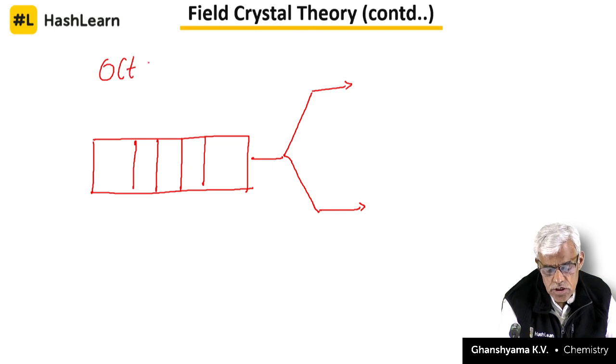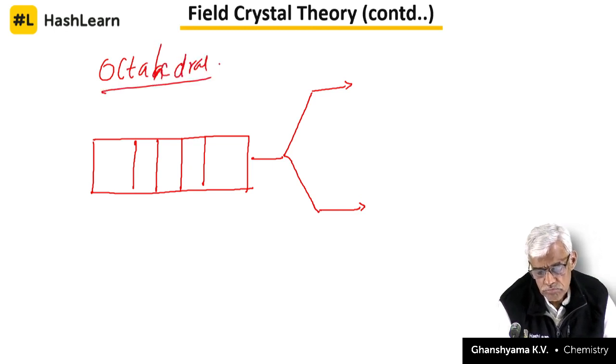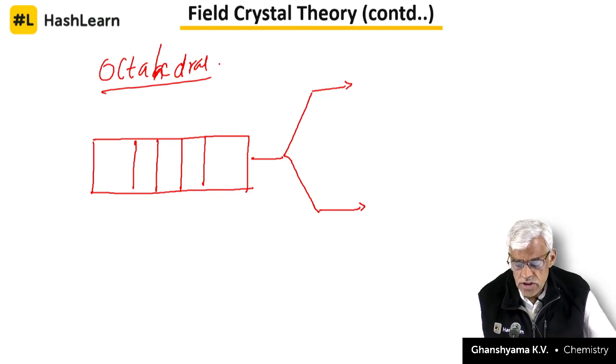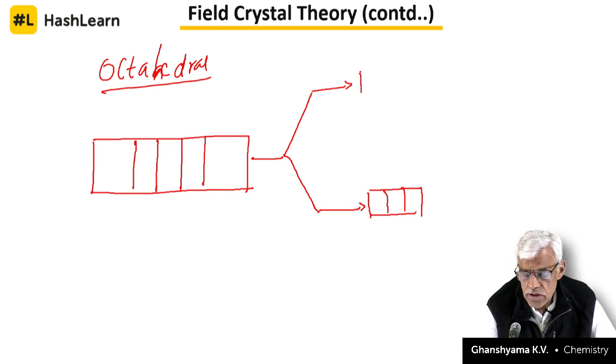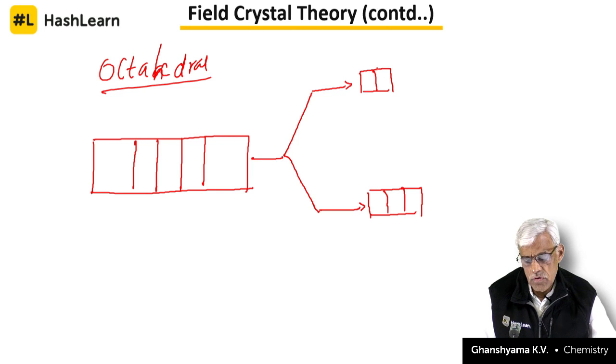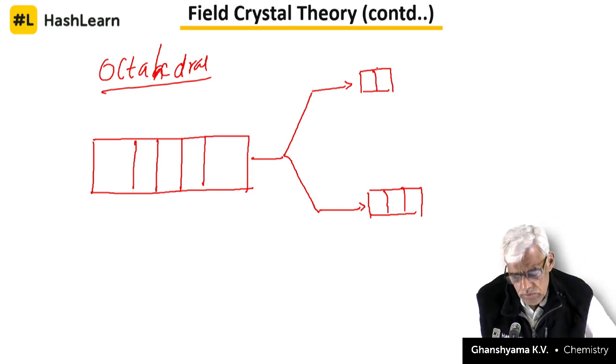Now you consider an octahedral complex, two energy levels, one with the lower energy, one with a higher energy. Which are they?